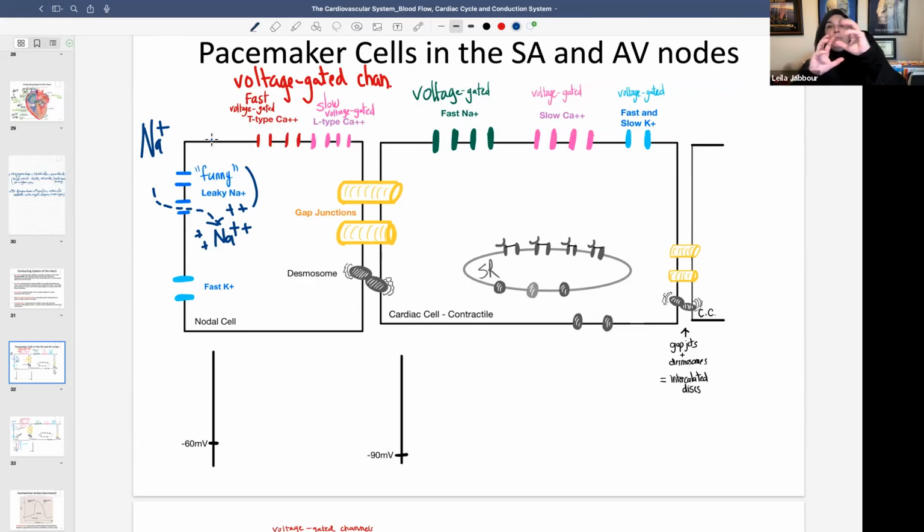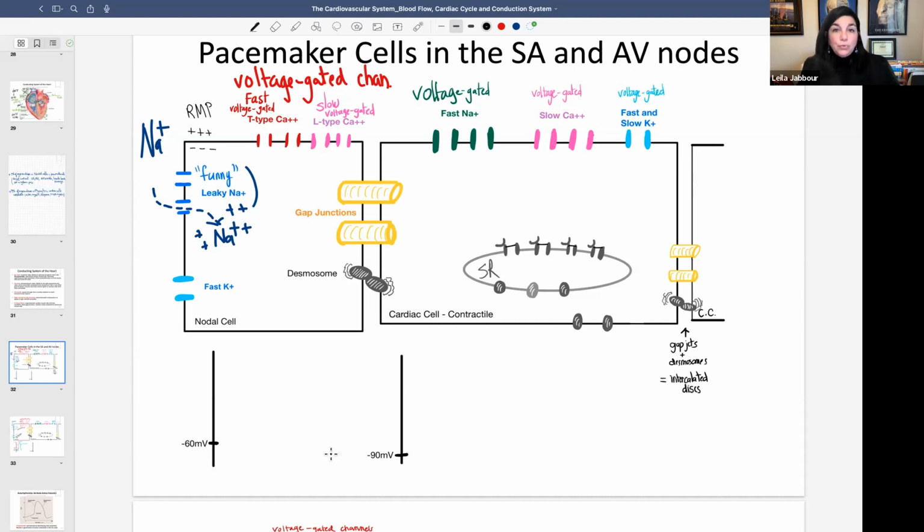The pump keeps these ions unequally distributed, and that's what contributes to the membrane potential. If I wanted to draw the membrane potential over here, it would be something like this. This is the resting membrane potential, which is right around -60 millivolts in a nodal cell.